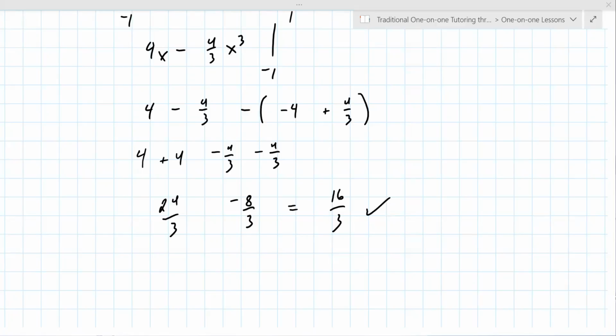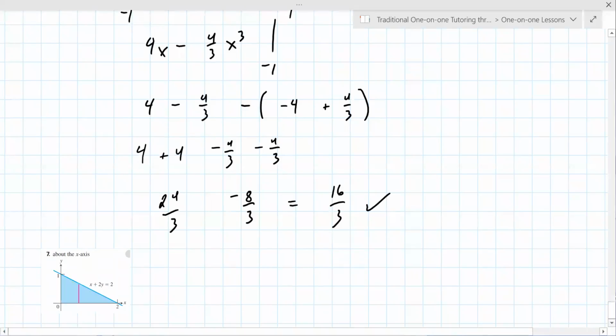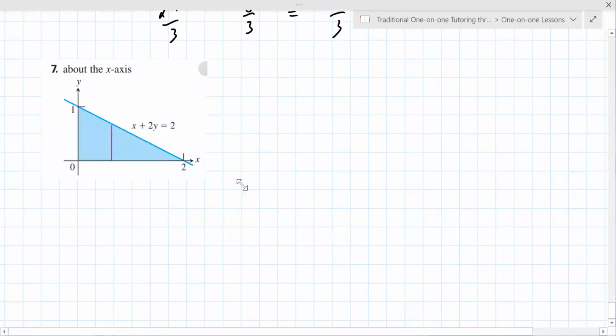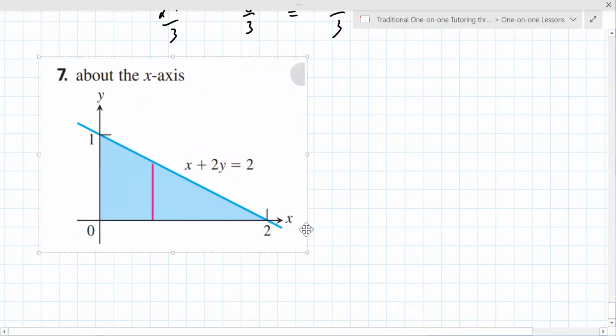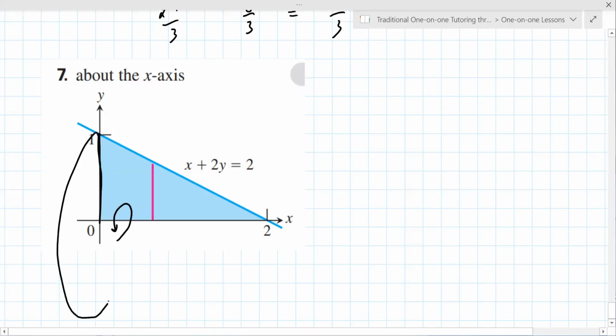All right, so question 7 is what is called a disk problem. I saw on social media, an instructor actually called it a pancake, which is maybe a better example. The reason is because with the disks, when you revolve this thing around the x-axis, like you're taking this right here and revolving it around the axis, you get this big circular thing.